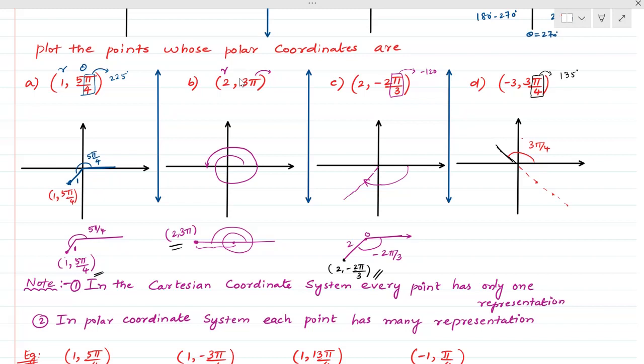So therefore I will draw the graph like this. This is the initial line, and this is your angle. So here you have this part. So it is 3 pi over 4, but the r is minus 3, and this point is minus 3 comma 3 pi over 4.